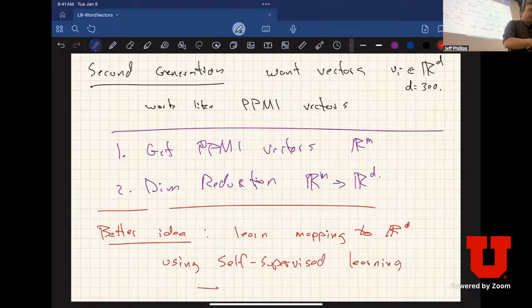This led to these representations called word2vec and GloVe. GloVe directly was trying to learn something that preserved the similarities described by the PPMI vectors. Word2vec was optimizing something slightly different, but thematically they're very similar.